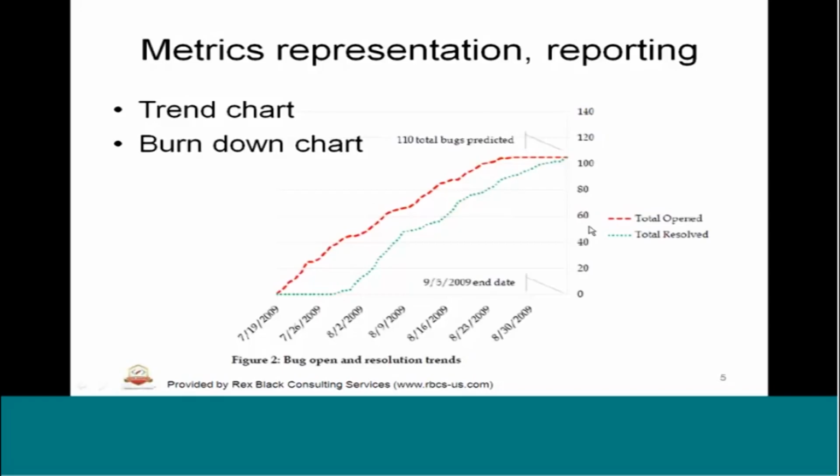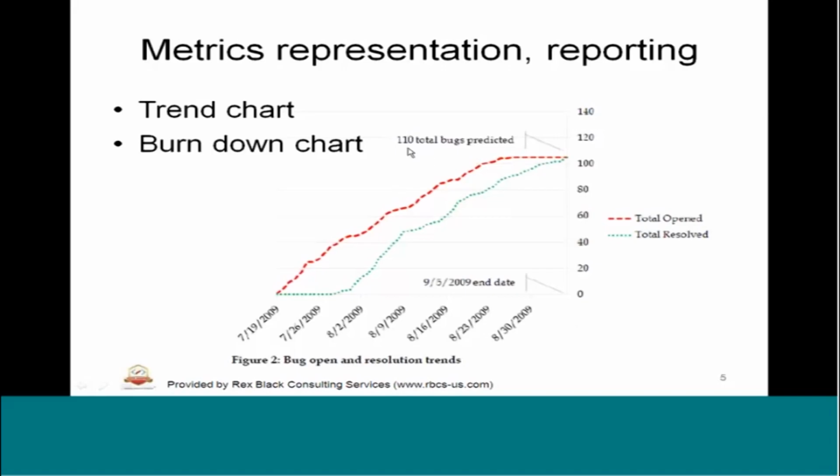The red one being total bugs opened, and the green being total resolved. That means how many bugs on the particular day are opened and how many bugs have been closed. Finally we should aim for complete bug closure. That means the green should meet the red. So that is what the trend should end with when we end the testing or end the program.